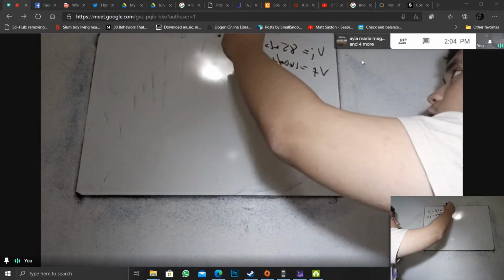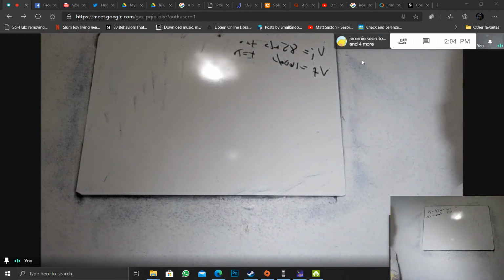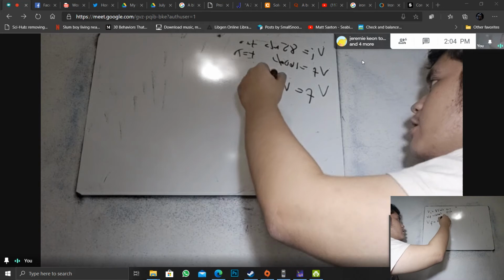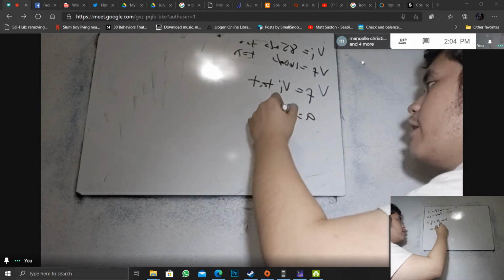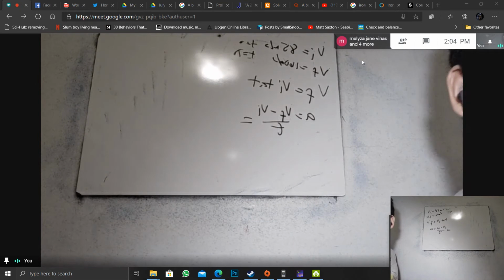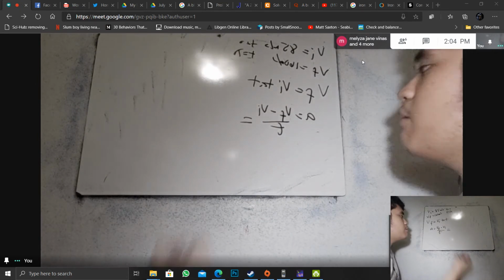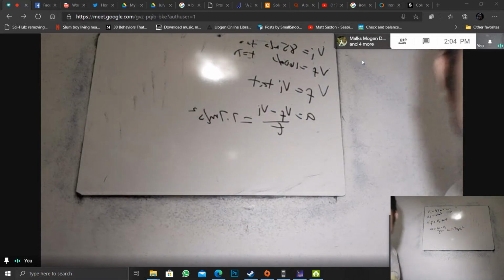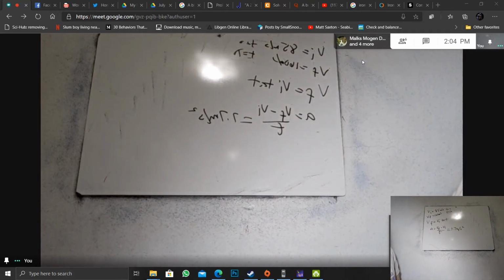What is the magnitude of its acceleration? VF equals VI plus at. A equals VF minus VI over T. So we should get 7.7 meters per second squared. Next, letter B. VF squared equals VI squared plus 2AD.